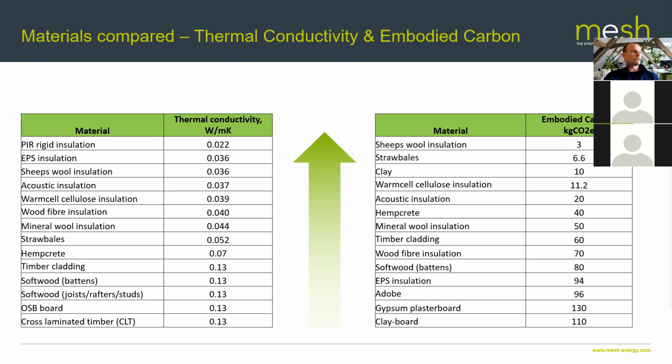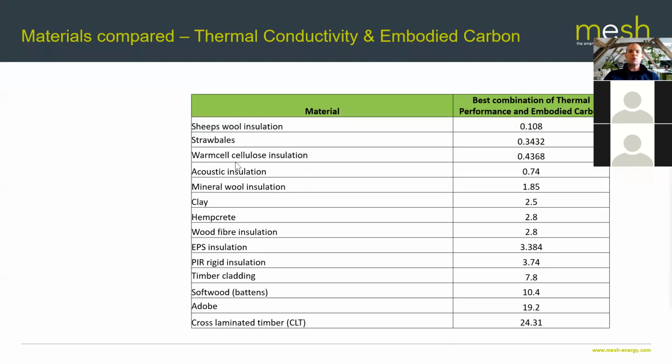Now, the mathematicians in the room will probably be swearing at the computer right now, but a really, really simple way is just using a product of these two numbers. And so what I've done here is put a table together which smashes together the thermal conductivity value and the embodied carbon value. So this gives you a quick and dirty idea of materials that relatively are good for low embodied carbon and thermal conductivity.